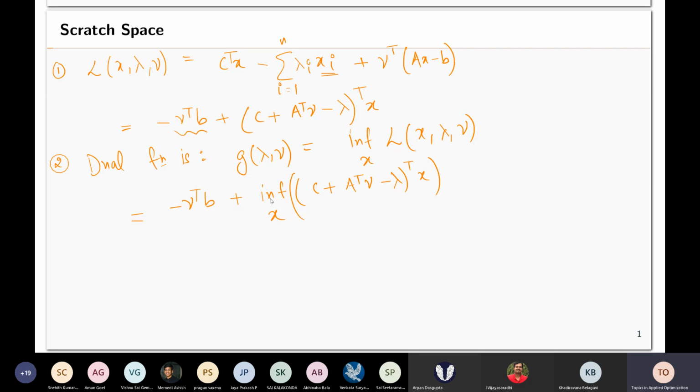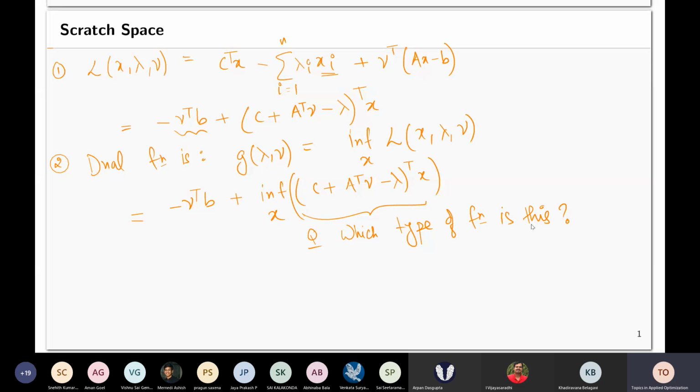Now usually we want to solve for this infimum, right? We want to see this only as a function of lambda nu. So in other words, we need to solve for this infimum problem. So what is the infimum of this? The first question is, what is the nature of this? Now here lambda and nu both are there. So which type of function is this? Remember previously we saw quadratic. Now we are asking which type of function is this?